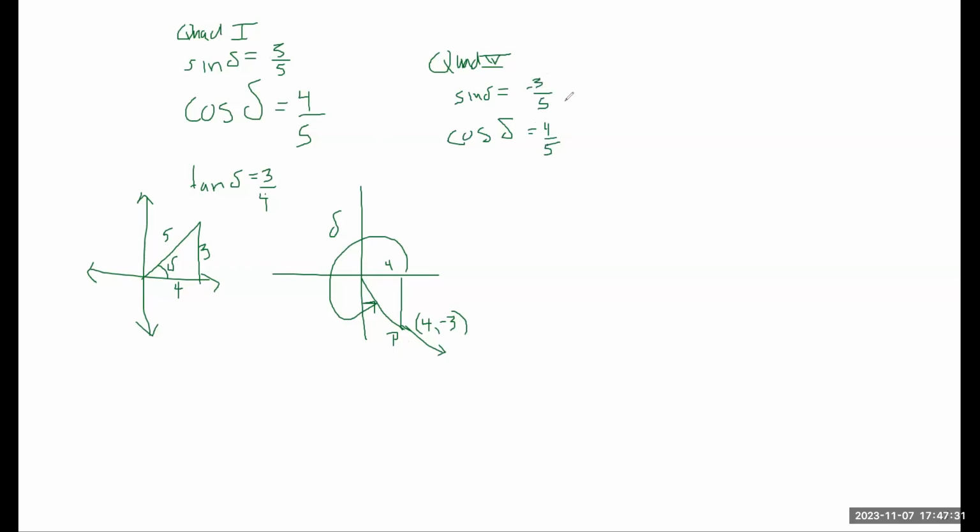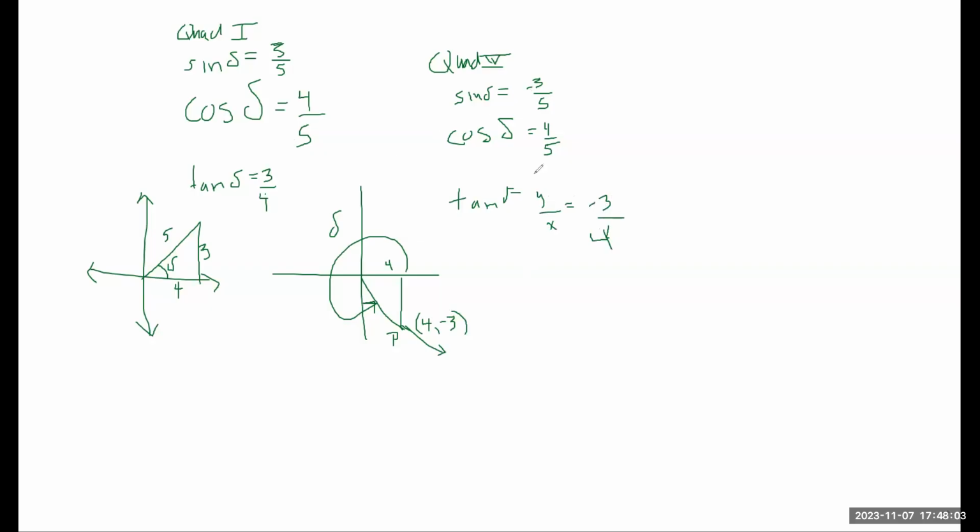So my trig ratios have the same fraction, but they differ in signs. Tangent of delta being the y over the x, got my y value there, got my x value there, -3/4, as opposed to +3/4.